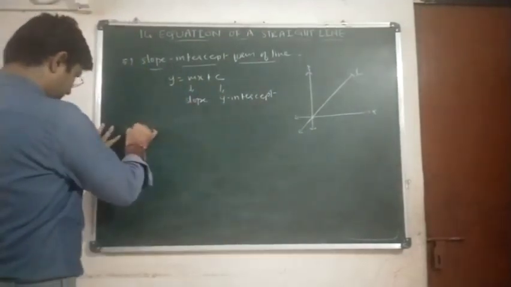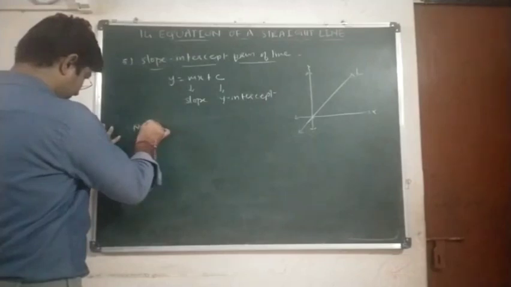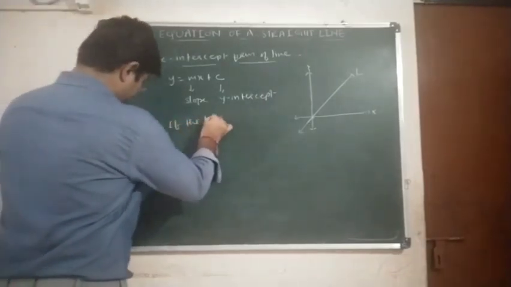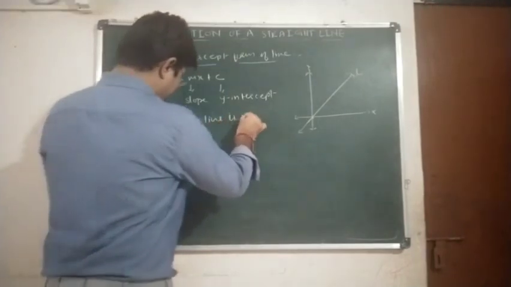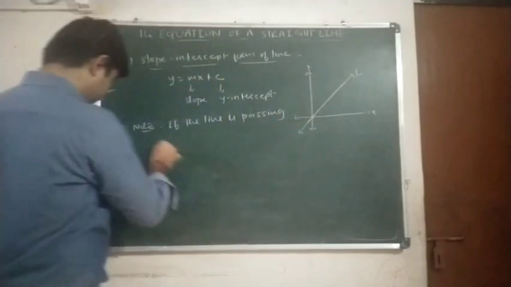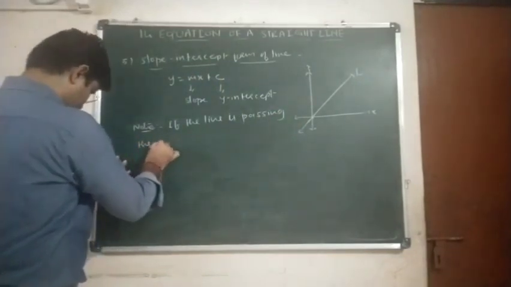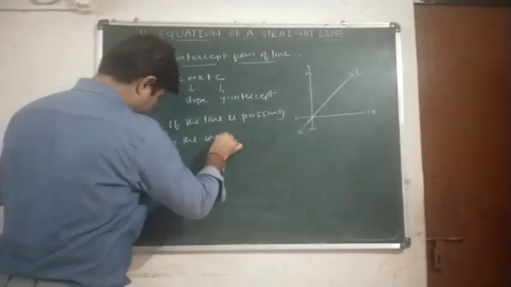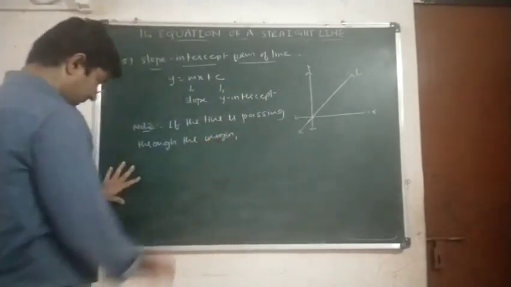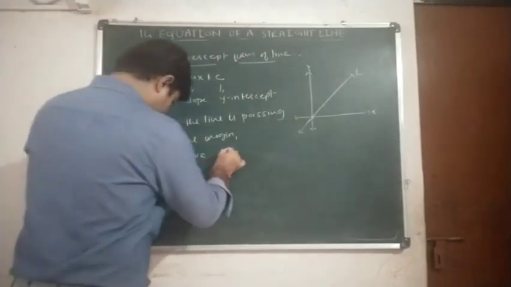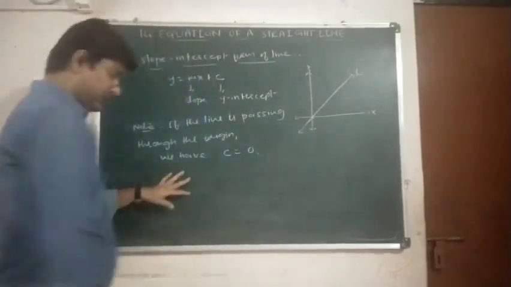So we will note that if the line is passing through the origin, then we have the value of y-intercept 0.